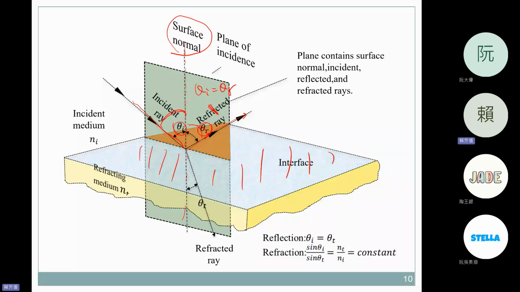But now we need a more detailed and clearer definition of this situation. For example, we both know that the incident angle will equal the reflection angle. But do you know where the reflected ray will be?